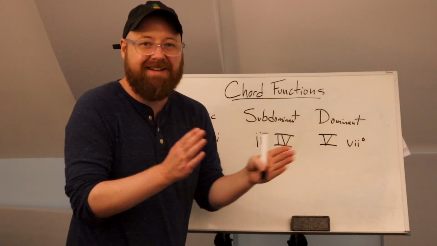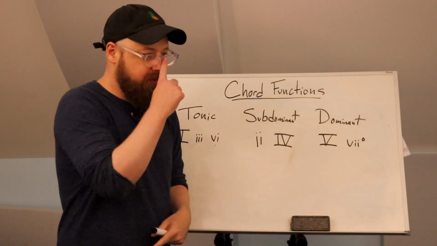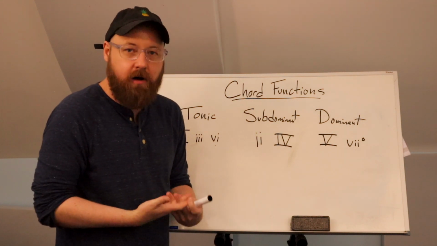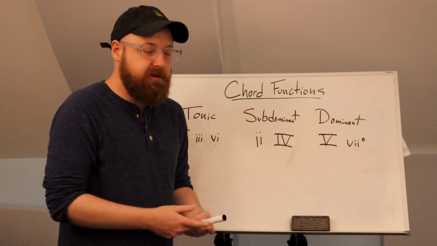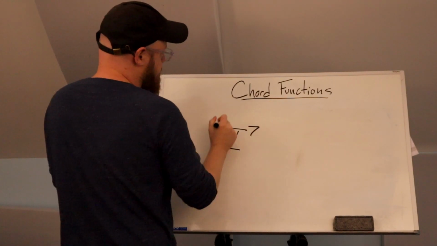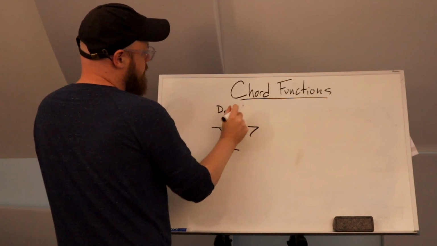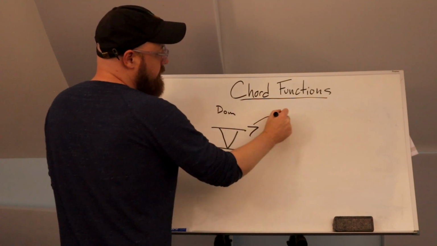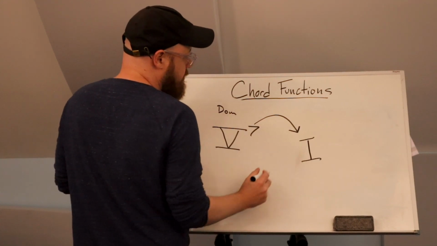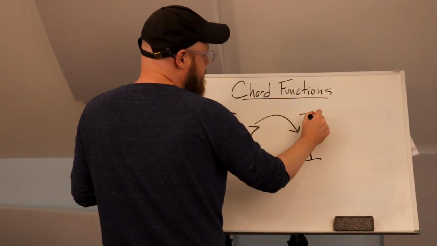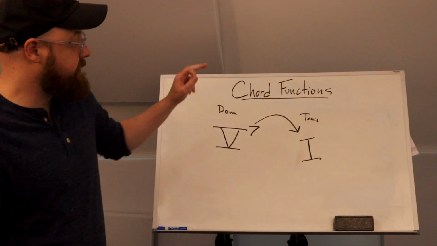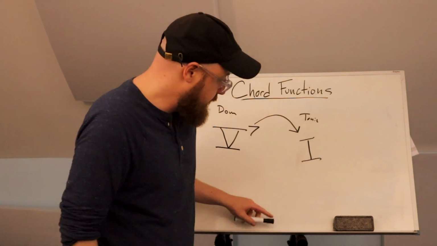There's a lot of rules about that stuff, but those rules don't seem to stand up all the time, except for one rule. 5, 7, which is, you know, that's a dominant chord, has a tendency to go to 1, which is a tonic chord. The 5 chord wants to go to 1.